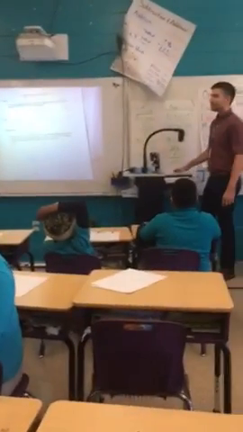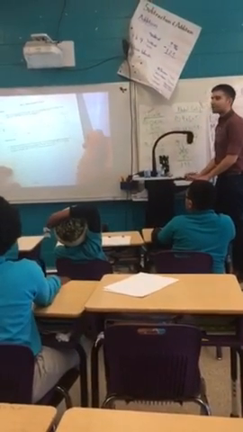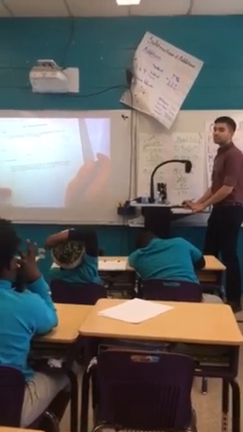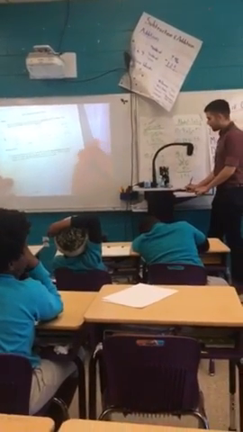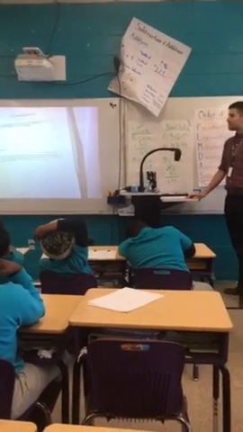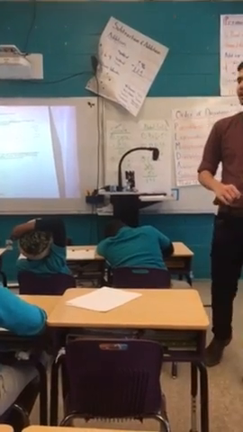Everybody say ding ding ding. She got it! So Rookie just told us that the word sold is important because it tells us to use which operation? Subtraction. Which operation, everybody? Subtraction.